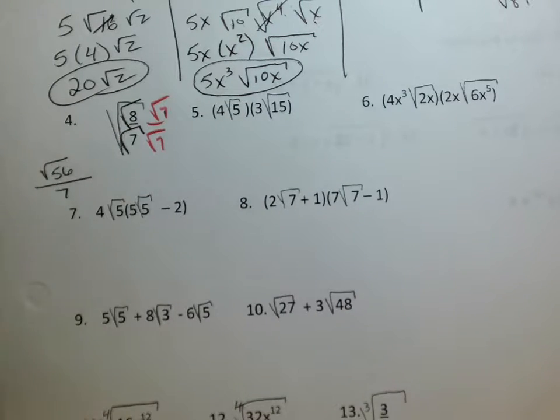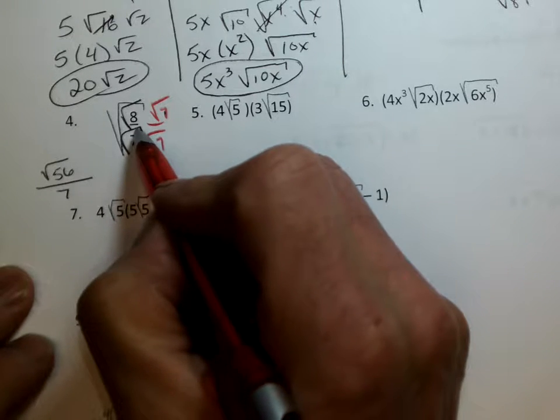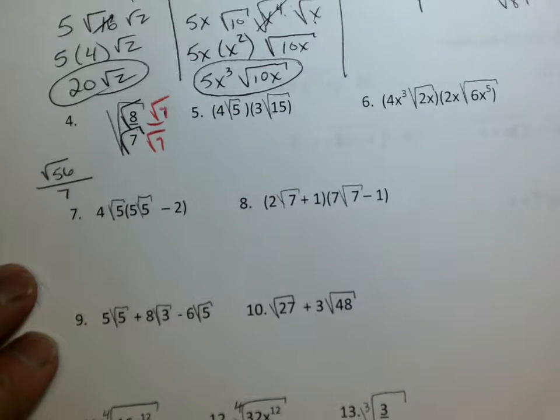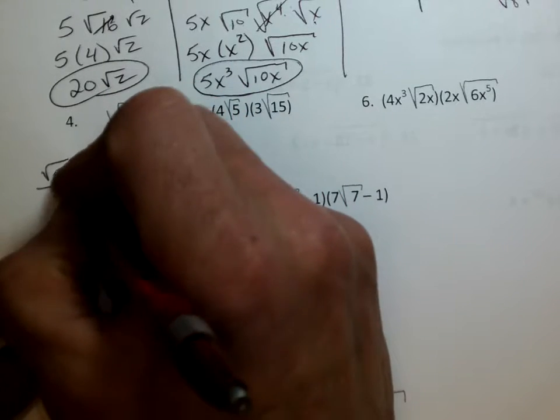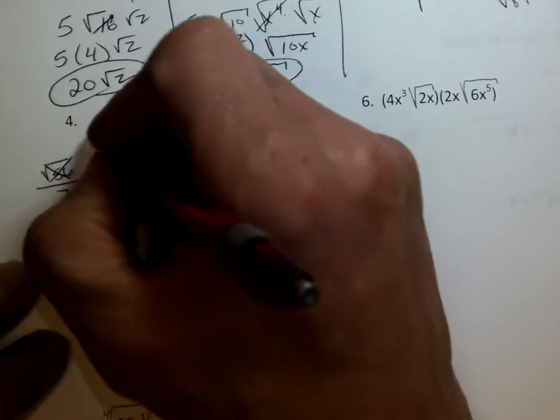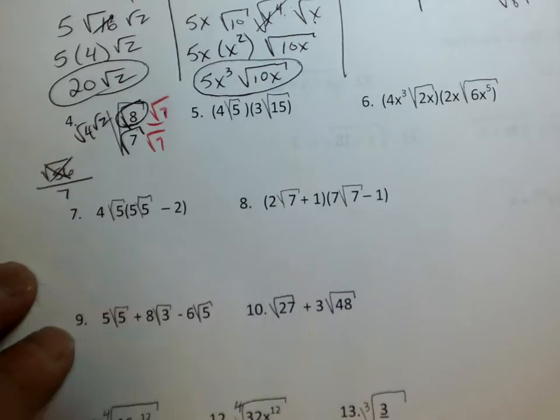Now, square root of 56 can be broken down too. And I know it could have been broken down because of the 8. Probably should have done the 8 first. Well, it would have made it easy if I'd broken down the 8 first. Can I back up? Do you mind if I back up a little bit? The 8 can be the square root of 4, square root of 2. Sorry about backing up. This is just going to make it easier for me to do it.